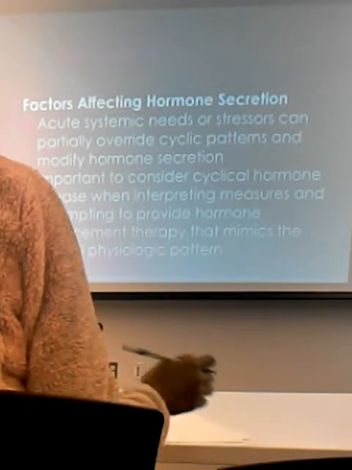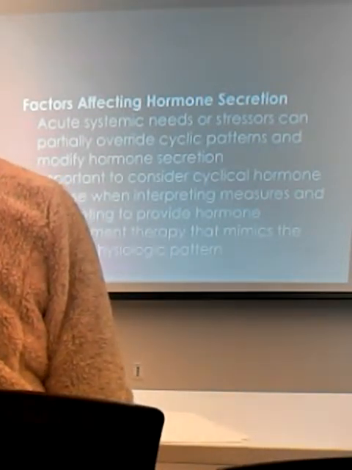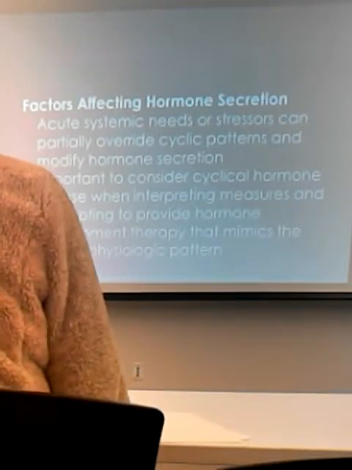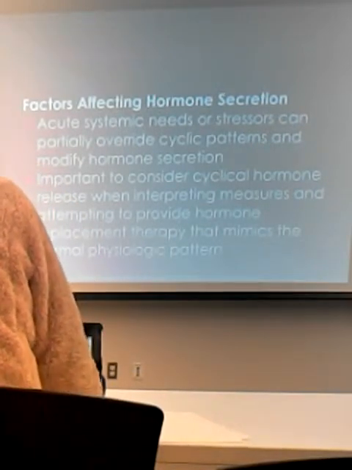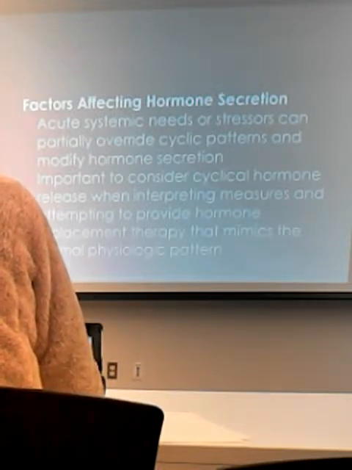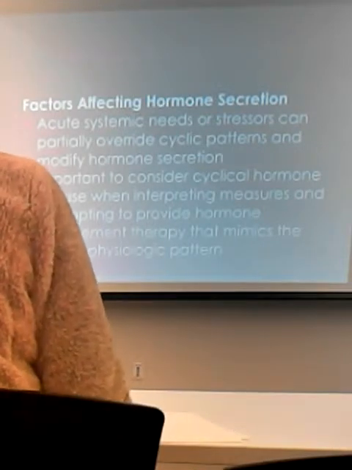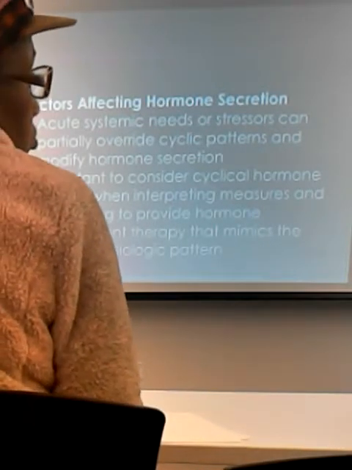So we have these cyclical releases, right? If there is a stressor, that can change the cycle. And if there's a stressor, you need some extra, so it's homeostasis, right? Homeostasis is a dynamic equilibrium. It shifts.